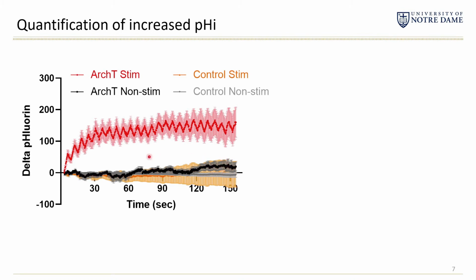And what you'll notice here is that all of these controls don't really have an increase in fluorine intensity over time. However, our ArchT stimulated cells do have an increase in fluorine intensity over time, which is consistent with an increase in intercellular pH.